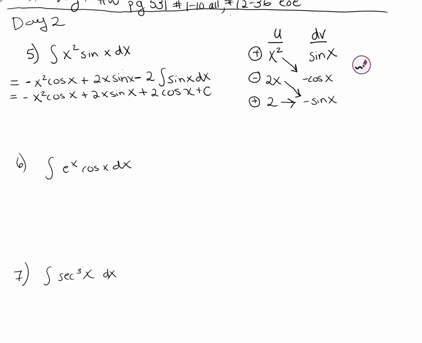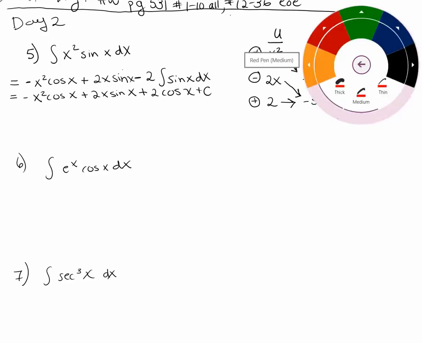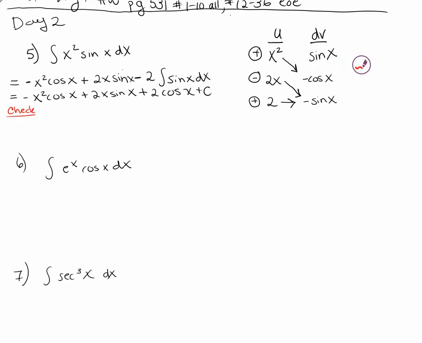Okay, so if you wanted to do a quick check to make sure your work was correct, we could do that by taking the derivative of the answer that we got.